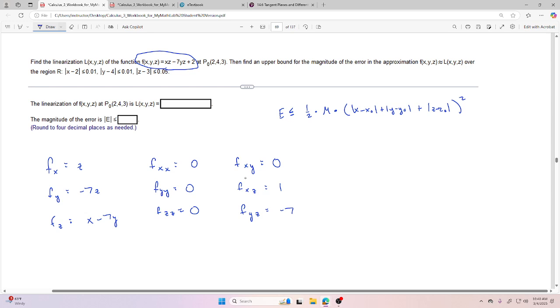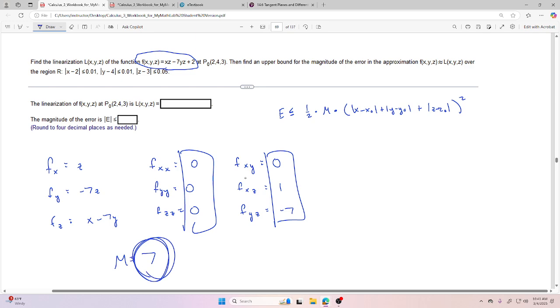And z in terms of y is the same thing. Out of all of these, what's the biggest absolute value? 7. M equals 7. That's supposed to be an equal sign right there.